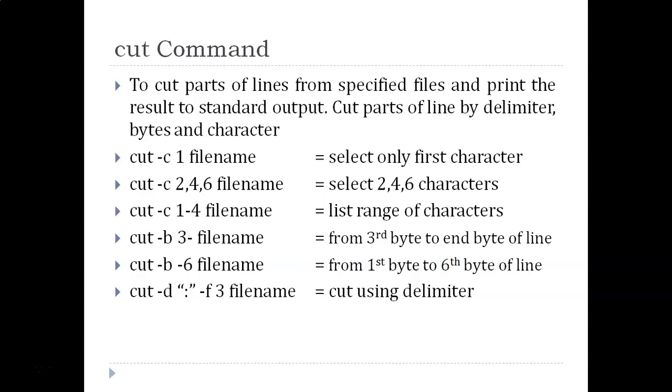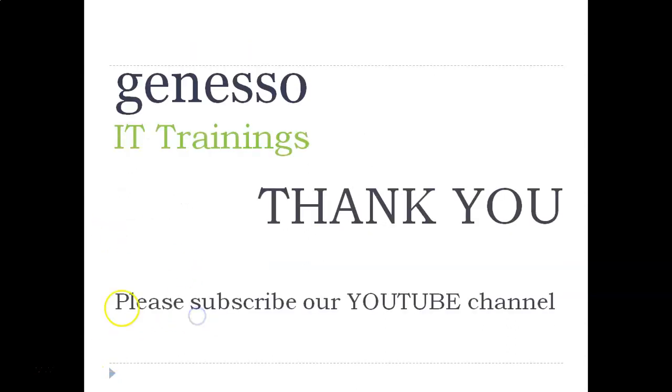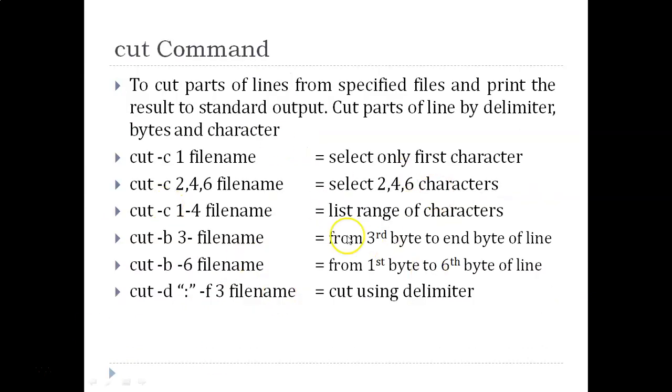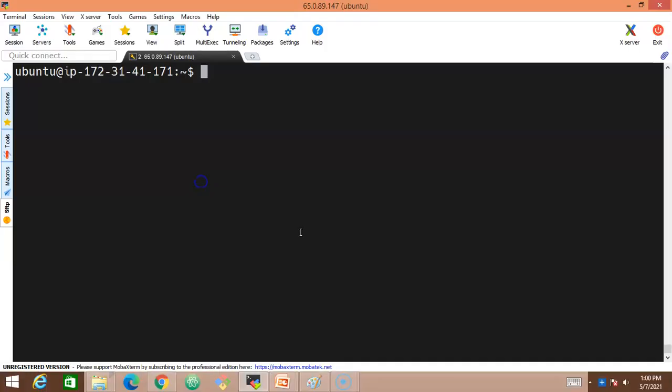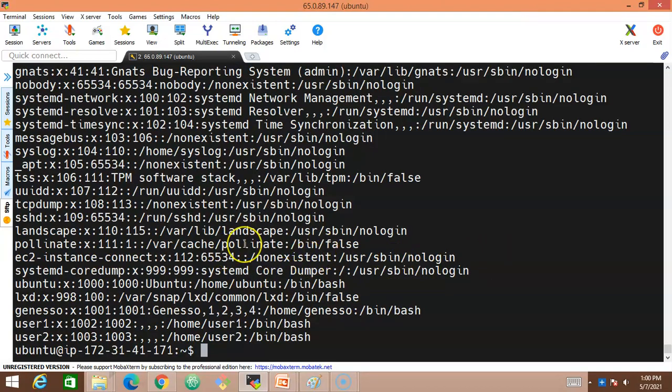So let's try to understand what this delimiter is going to do. Now, we have a requirement. Let me open this file, cat /etc/passwd, and press enter. I'm very sure you all know what this file is all about, because I explained in my previous video what exactly this file is.